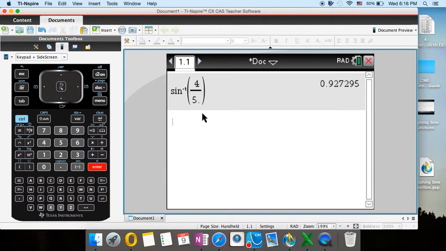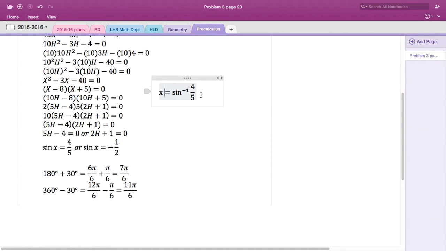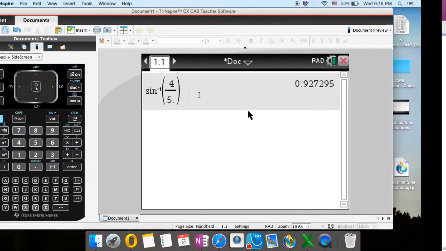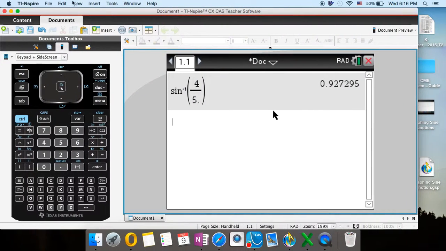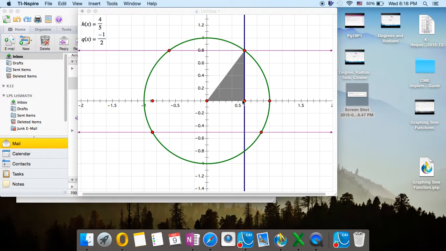So it's 0.927 whatever. So this is approximately 0.93. So if you think about this graph, from here to here, the arc length is 0.93.